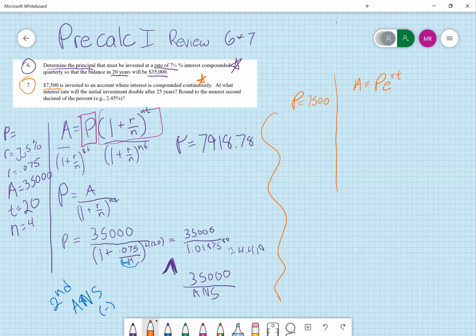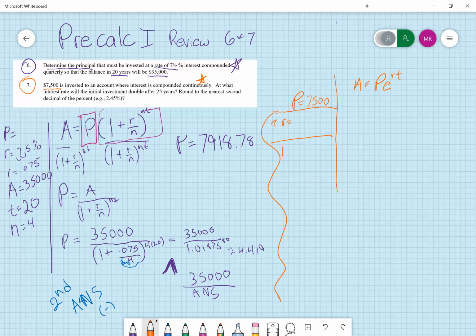7,500 is invested into an account where it's compounded continuously, and at what interest rate? So I'm looking for the rate. At what interest rate will the initial investment double?